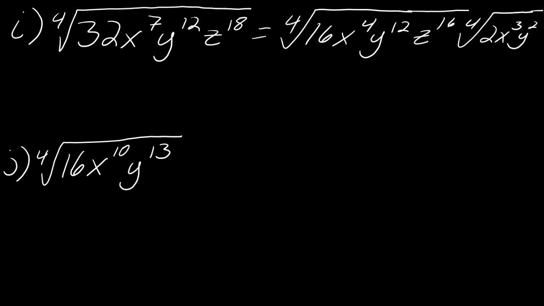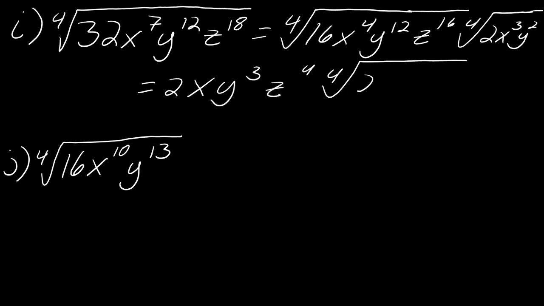And again, if I just double check to make sure these all add up, 4 plus 3 is 7, y to the 12th will break down, 16 plus 2 is 18, and 16 times 2 is 32. So we're all good on all of this. So this is going to be 2x, y cubed, z to the 4th, times the 4th root of 2x cubed, z squared. Oh, I'm sorry, I think I wrote a y there. I meant to write a z. My bad.